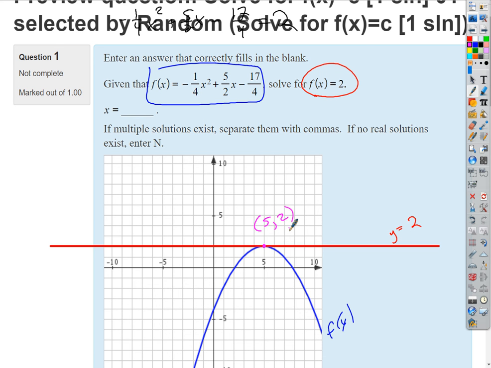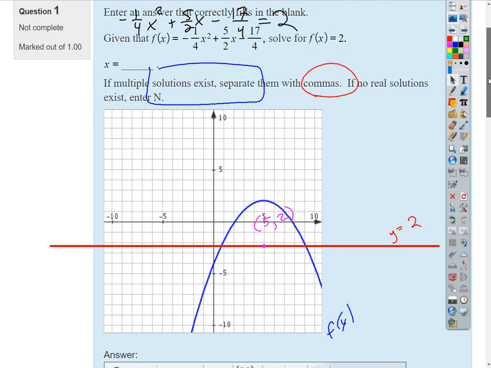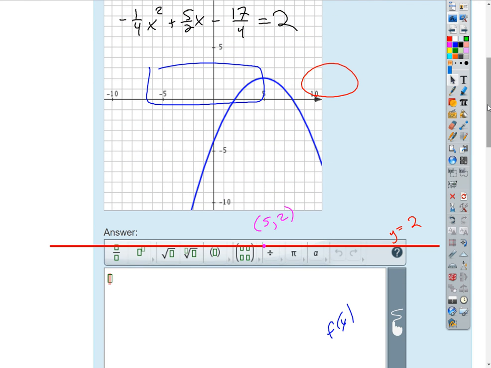Now when we solve this equation up here, I had it written down up here, didn't I? It's like that equation right there. If I were to solve that equation, what variable am I solving for? X, right?